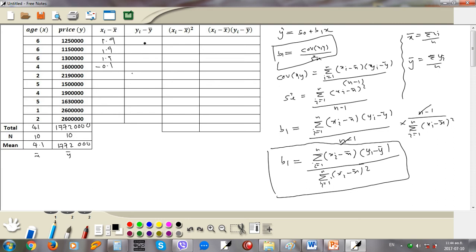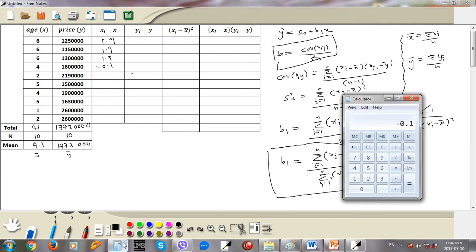Then we have to find yi minus y bar. What is our yi? Yi is 1,250,000, and our mean is 1,772,000.